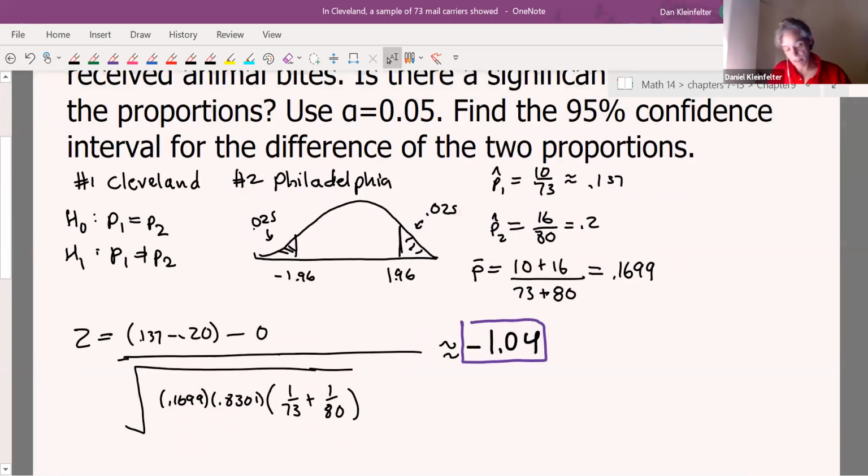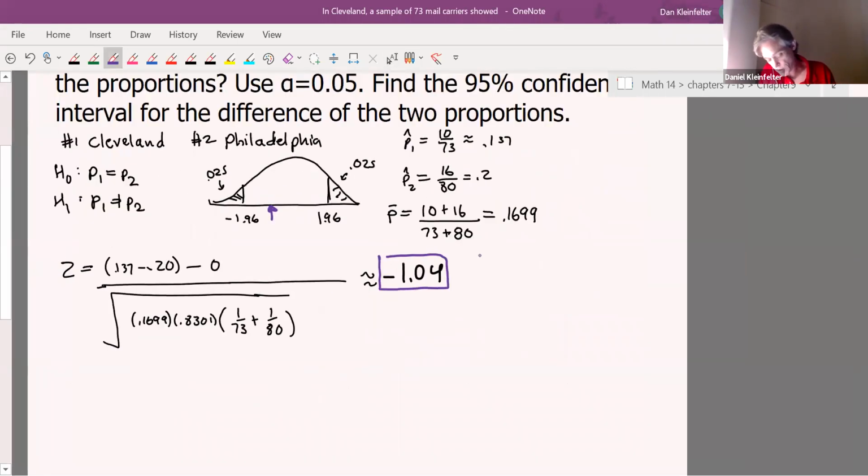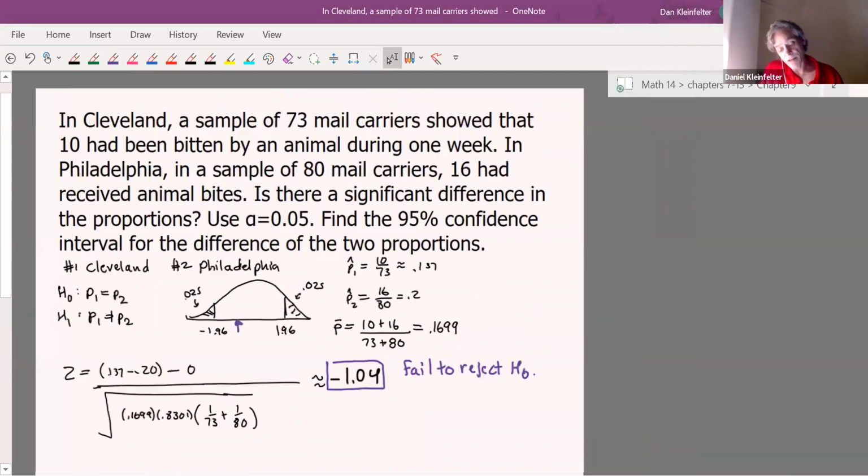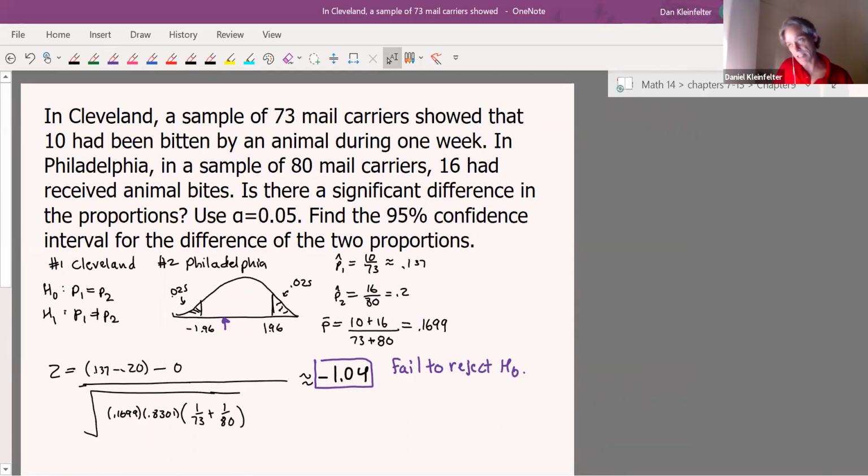So that negative 1.04 is not in our rejection region, and so based on this, we're going to fail to reject our null hypothesis. And so we could say that there's not significant evidence to support a claim that the two proportions are different.